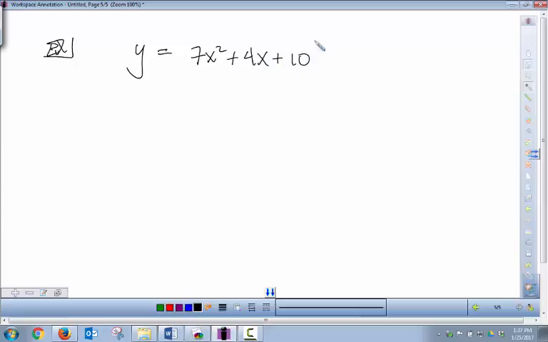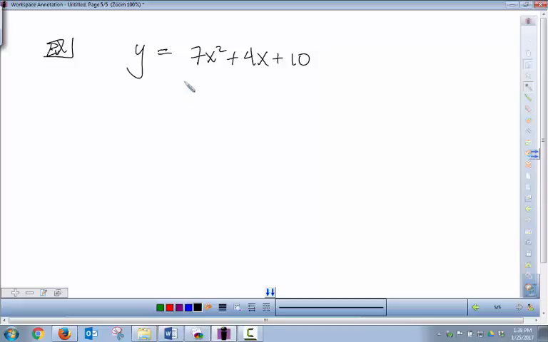Wow, made it really hard now. All right. Now we want it in the form of, what's it called? Perfect square. You guys remember how to do that? All right, this is called completing the square.